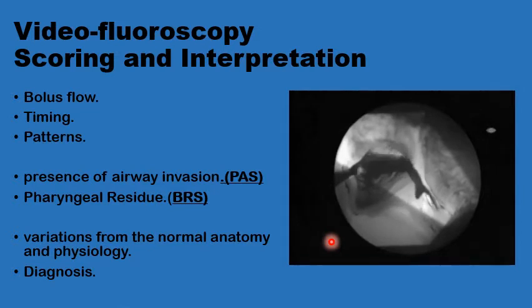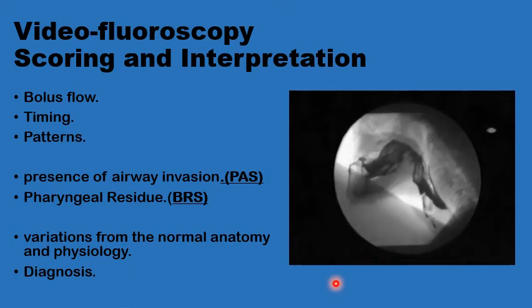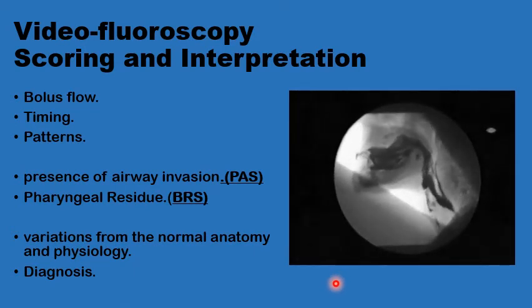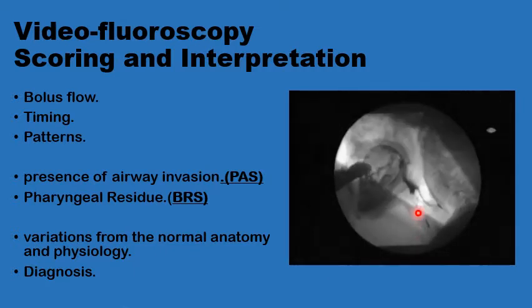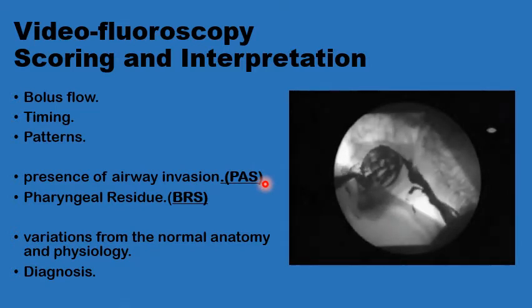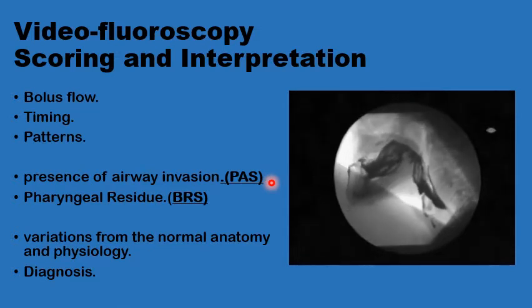Because such an amount of information is vast, it's usual that the video is run several times, some of them in slow motion. It's also essential that we focus on one aspect of the swallowing act at a time and use a validated scoring system to register any abnormalities in that act. When we are looking at any evidence of aspiration, we use the penetration aspiration scale, which is the gold standard of quantification of aspiration.